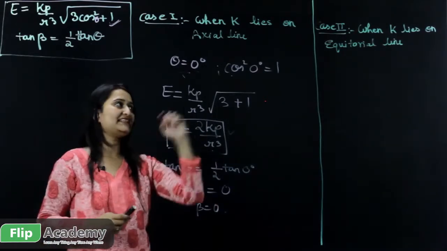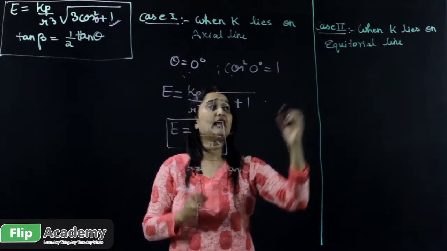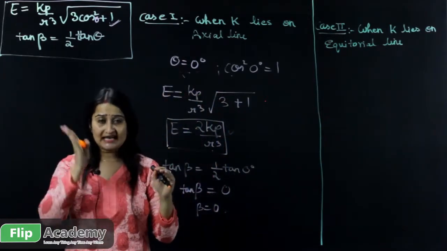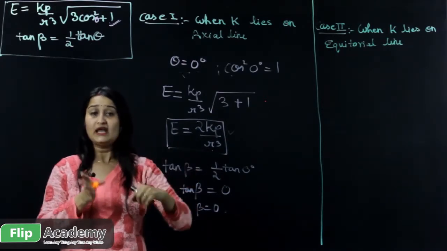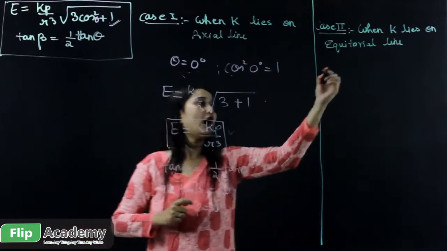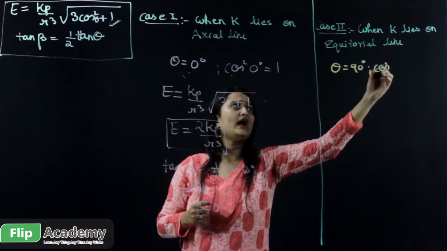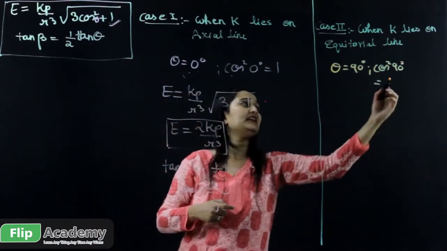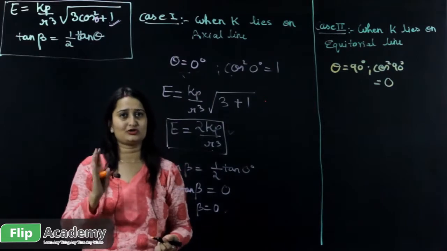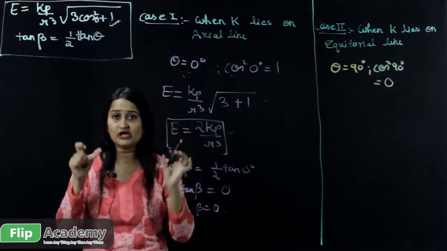Let's move on to case 2. In this condition, K lies along the equatorial line. Now, when K lies along A2 and B2, the angle K makes with A2, B2 is 90 degree. So in this condition, θ becomes 90 degree. So what is cos² 90 degree? Basically, cos 90 degree is 0. So cos² 90 degree is also 0. Now, this value you have to put again in the same general formula.